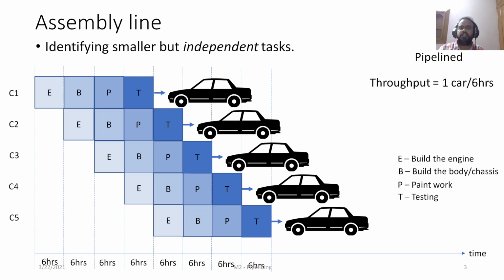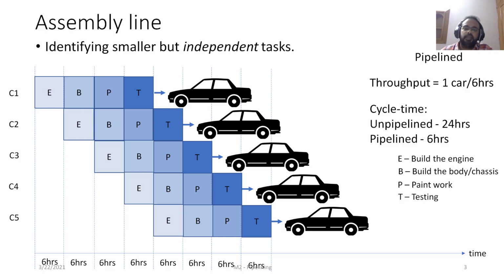Now let's try to extend the same thing for instruction execution. A small point correlating to what we would be looking at is the cycle time. Earlier, the cycle time can be imagined to be 24 hours, and now the cycle time would be 6 hours.